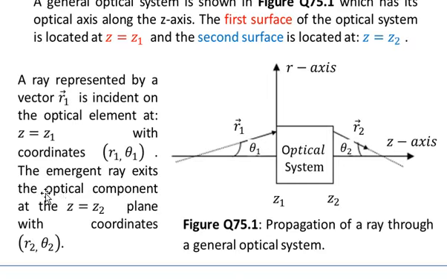The emergent ray exits the optical system at the plane z equal to z2 with the coordinates R2, theta2, where R2 is the magnitude of the ray R2 at the plane z equal to z2, and theta2 is the angle that it makes with the optical axis or with the z-axis.